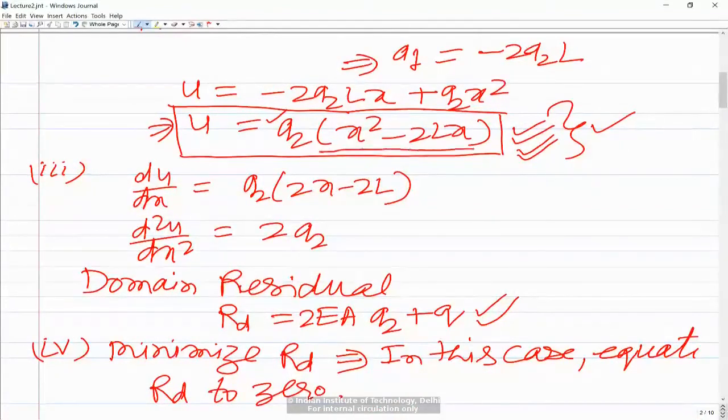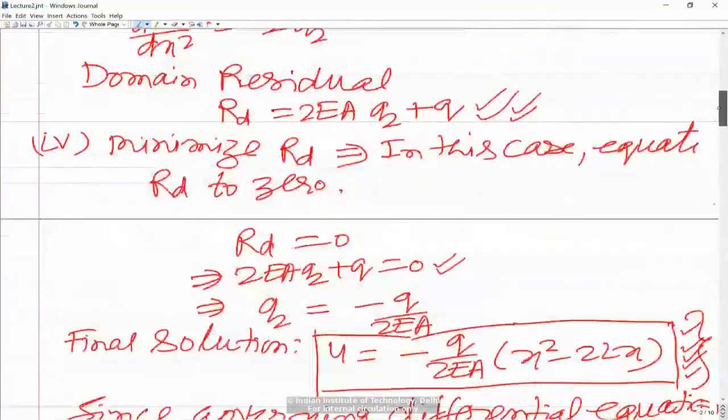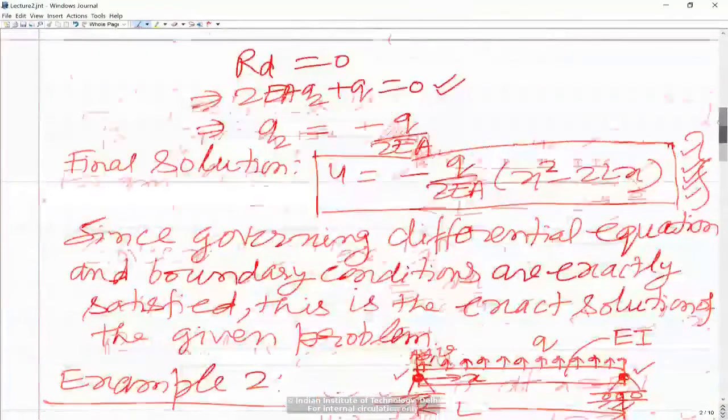To find a2 using the Galerkin method, you choose the weight function w as x square minus 2lx, and then take the integral from 0 to l of w RD equal to 0. You will find that for that problem you get the same a2 as we got by equating the residual to 0 everywhere. But I wanted to emphasize that in the Galerkin method the weight function w would be x square minus 2lx, because that is the coefficient of the unknown constant in the approximate solution after satisfying the boundary condition.